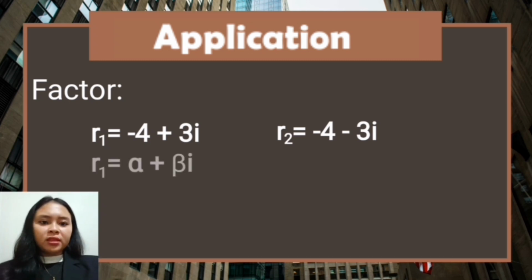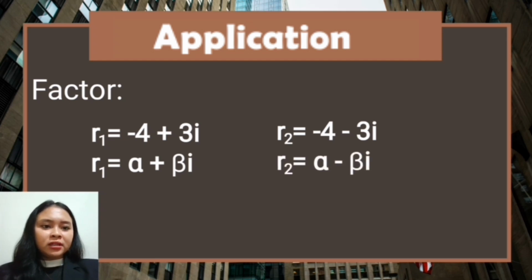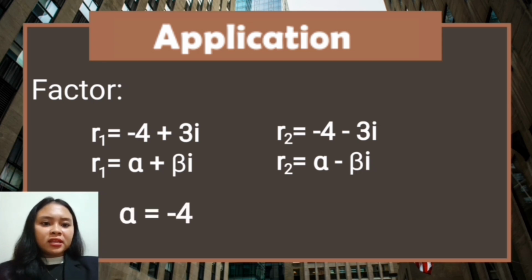We can also write this as r sub 1 is equal to alpha plus beta times i, and r sub 2 is equal to alpha minus beta times i. So we can conclude that our alpha is negative 4, and our beta is positive 3.